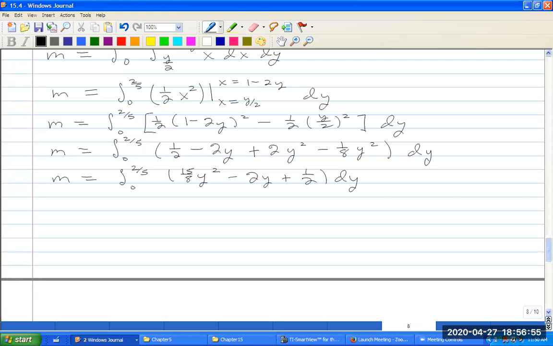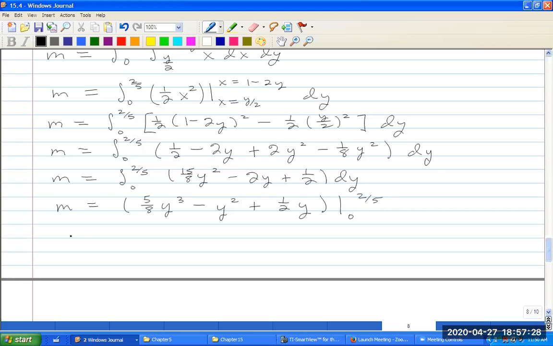Okay, so now let's just integrate this. 15 over 8 divided by 3 is 5 over 8 y cubed. The 2's cancel, so you get y squared plus 1/2 y between 0 and 2/5.